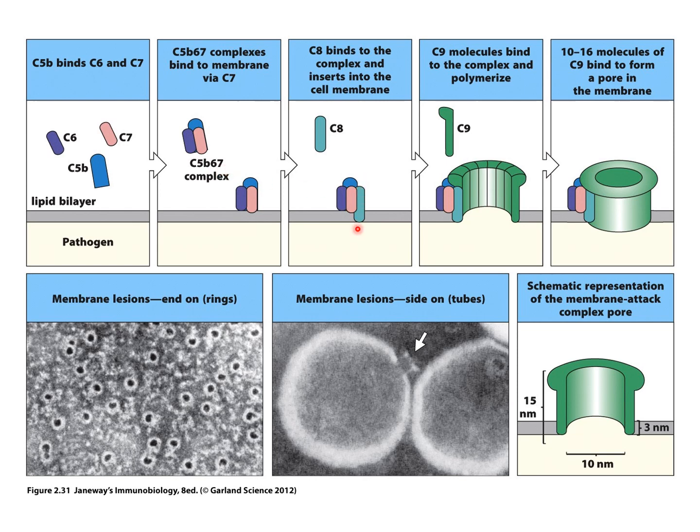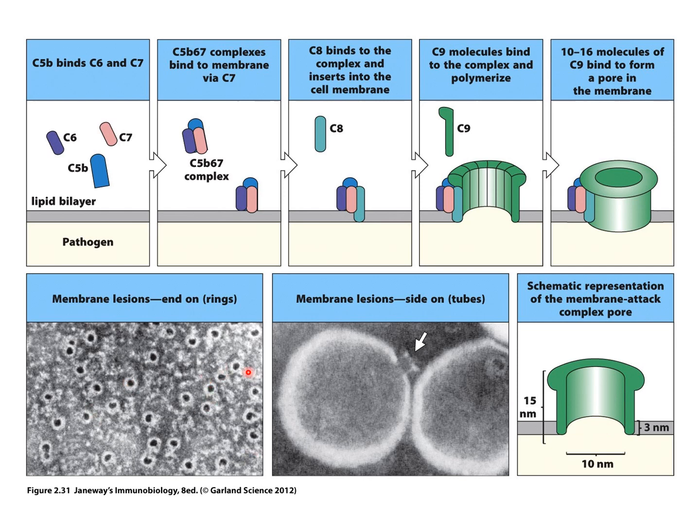C8 actually inserts into the membrane, whereas C5b, 6, 7 just bind to the outer surface. This stable complex starts bringing in more and more C9s. More and more C9s insert in and around, and before you know it, you literally have a pipe, a pore.